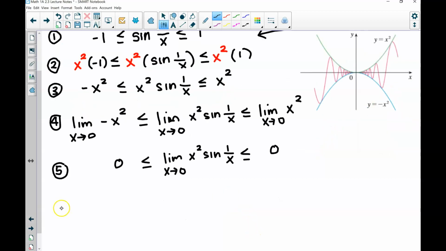So ultimately, we have proved that the limit as x approaches 0 of the function x squared times the sine of 1 over x equals 0 by using the squeeze theorem.